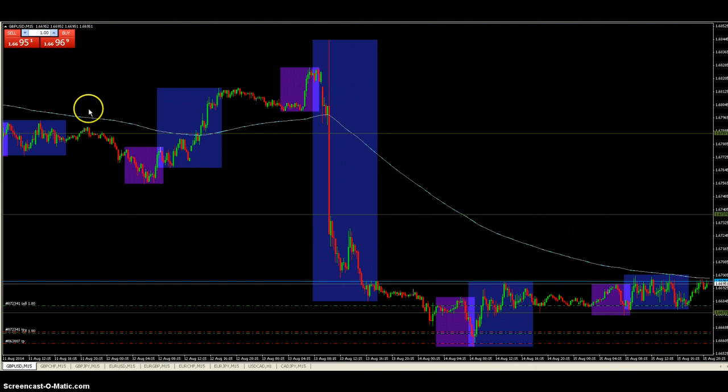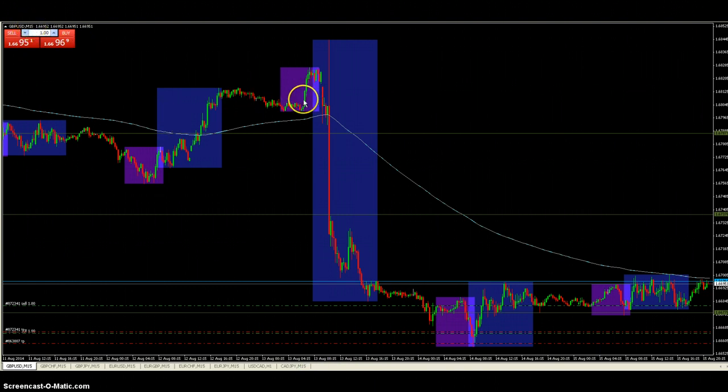Now, what I'm looking at here is the pound US, right? GBP, so Great Britain pound, US dollar. This chart here shows the exchange rate at any given moment on a specific date and time. So this is the M15, that's the 15-minute chart.